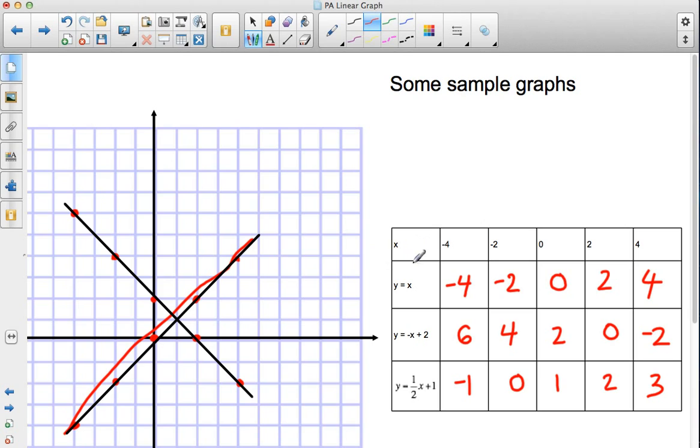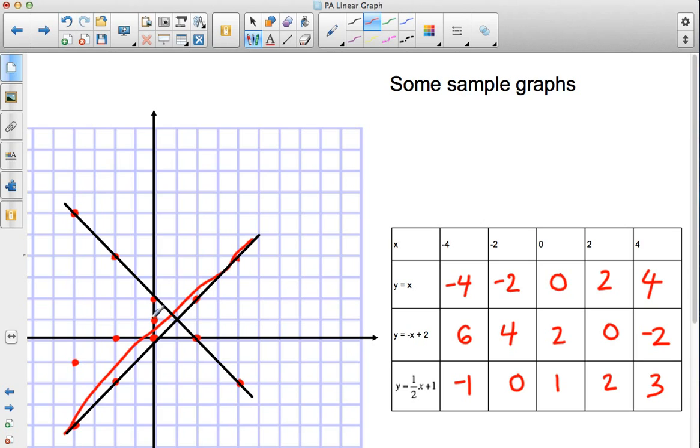So if x equals -4, here we are back again, -4, y is -1. At x is -2, y is 0. At x is 0, y is 1.